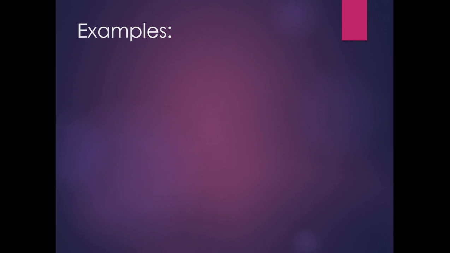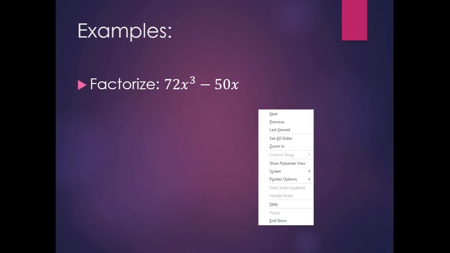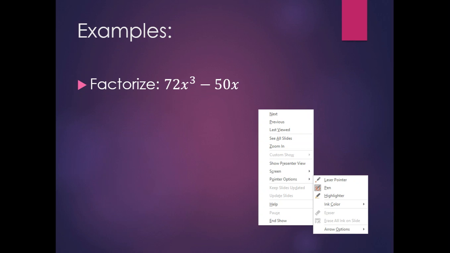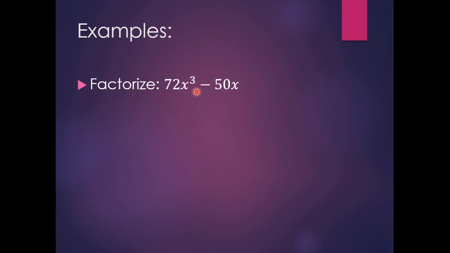Now the next example. As I have already told you, in any factorization problem, first of all we should see whether there is a common factor in both terms or not. Every question starts by taking out the common factor. If there is no common factor, only then we search for another process of factorization.